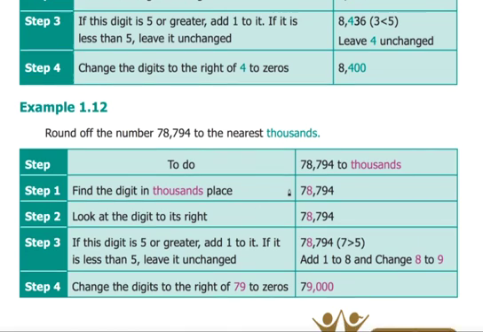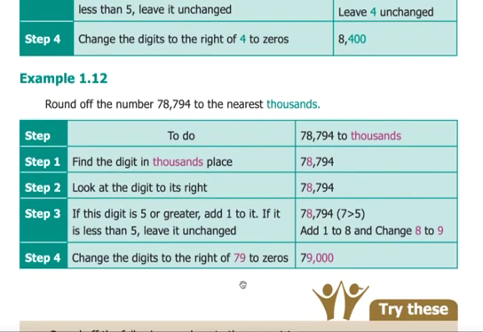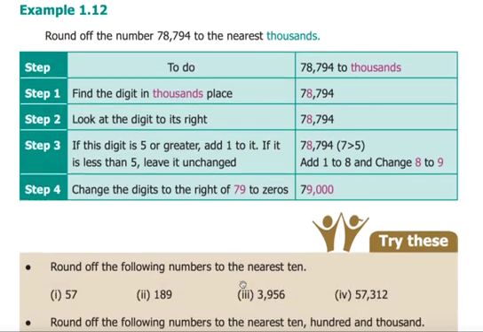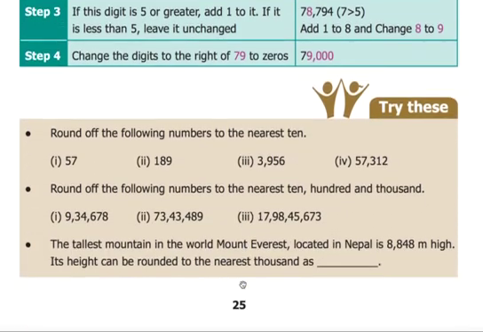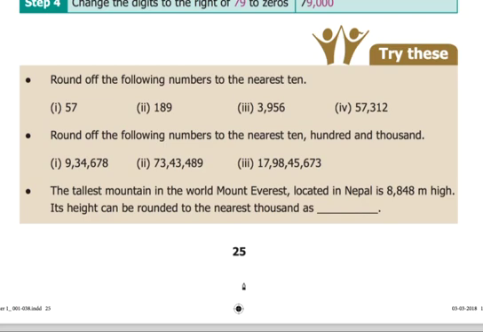Like that. Next one, 1000. 1000 means 8 is there, right? After 8, what is the next digit? 7. It is greater than 5, so 9,000. Round off the following numbers to the nearest 10. 57 means 60.